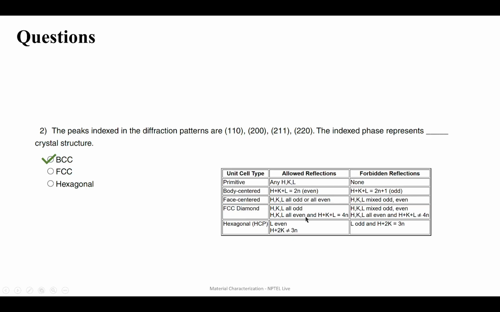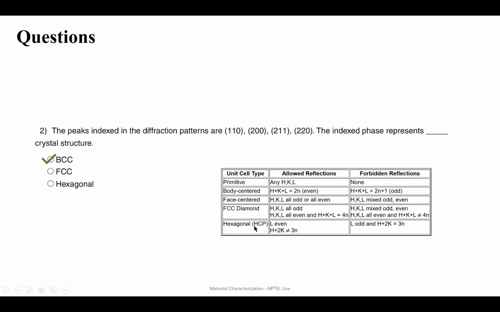And if they're all even, and if H plus K plus L is a multiple of 4, then it is allowed. But if HKL are all even and their sum is not a multiple of 4, then it is forbidden. And if they are mixed, then also it is forbidden.